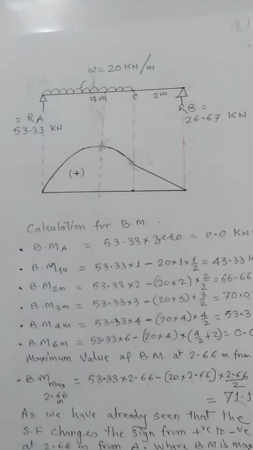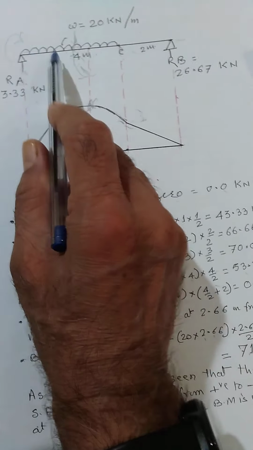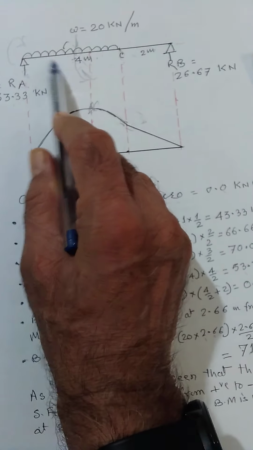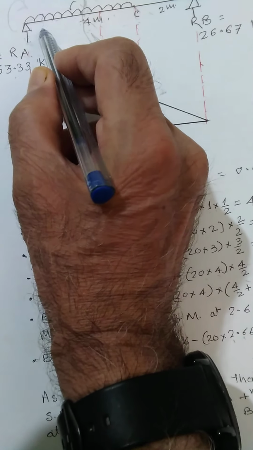So if we take the moment at A, it will be 53.33 into 0. If I take the moment at 1 meter from A, RA into 1 meter minus 20 into 1 meter acting at 1 by 2. Because this is 1 meter, this much load is 20 kilonewton and it will be acting at the half of that much. So it is 1 by 2.